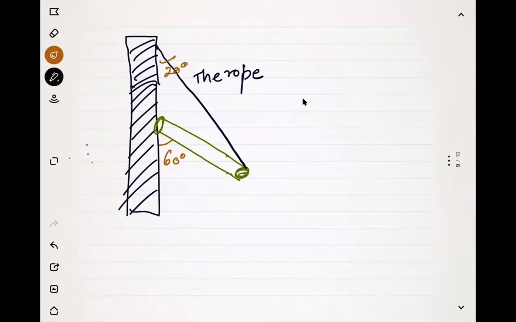Let's suppose this angle is 60 degrees, the angle that is above this one will be 120 degrees. So the angle that is missing would be 20 and 60, 80. So this is 60, this would be 120.